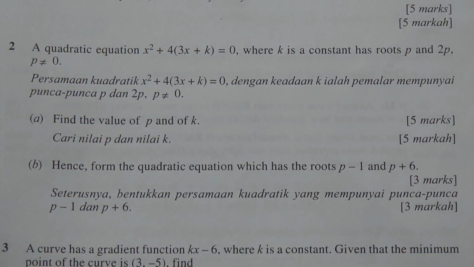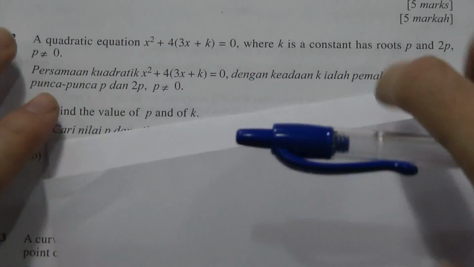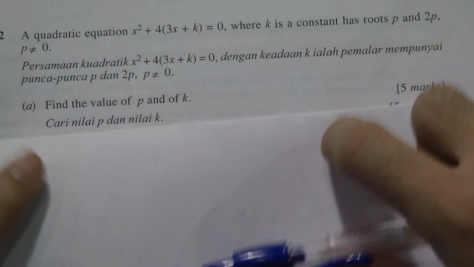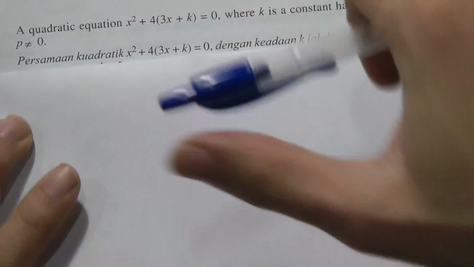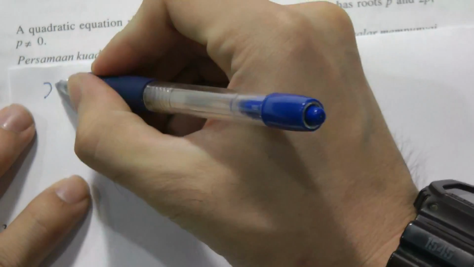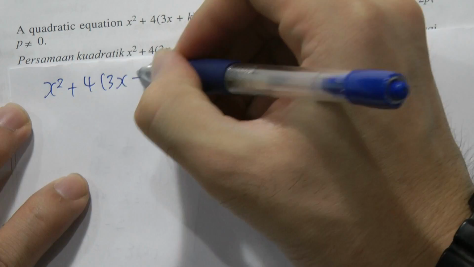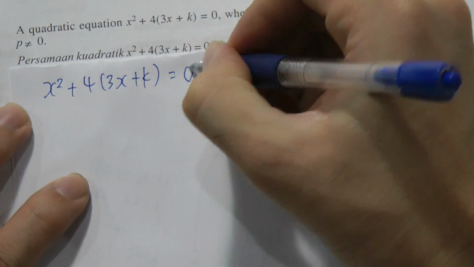Since he says these two are also the roots, what I do here is I copy down the whole equation. So x squared plus 4(3x plus k) equal to 0.